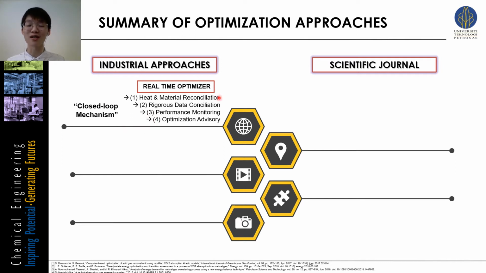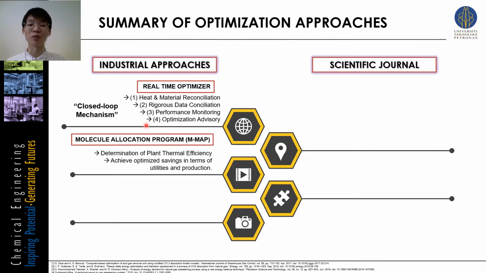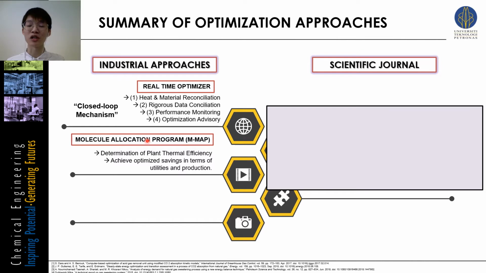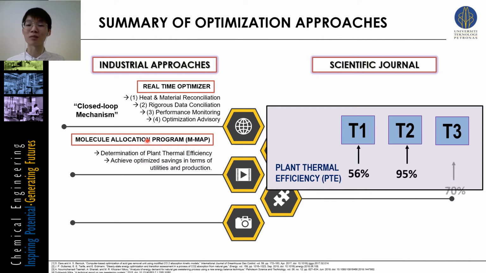In short, this RTO provides optimization advice to the operators or engineers so that they can optimize their plant just in time. Next, I have the MAP, the Molecule Allocation Program, which was ventured into by Malaysia LNG Sdn Bhd, MLNG. Imagine that you have a plant with three trains, and these trains have different PTE, the plant thermal efficiency.